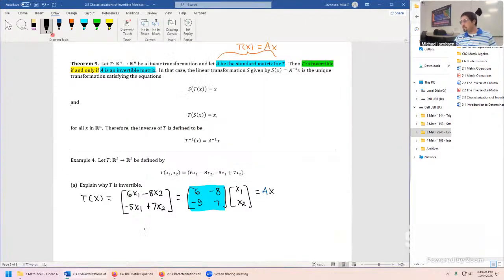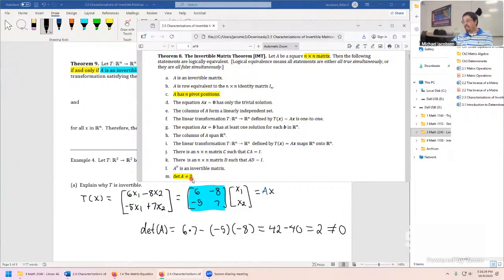So let's compute determinant A. That would multiply the main diagonal, 6 times 7, minus the product of the off diagonal, negative 5 times negative 8, mind the negative signs. So this is 42 minus 40 for positive 2, which is not 0. And that's great. If we have not 0, that means A is an invertible matrix.